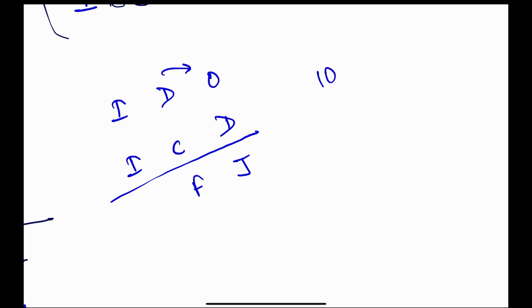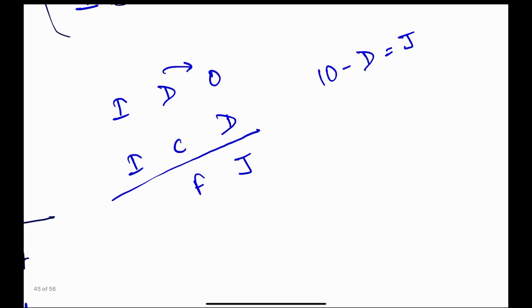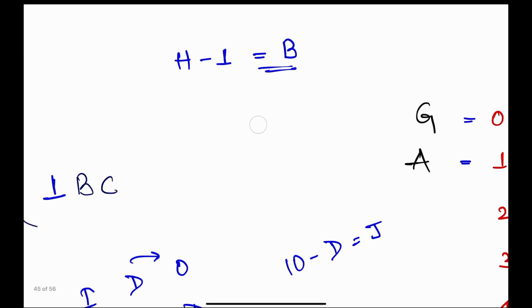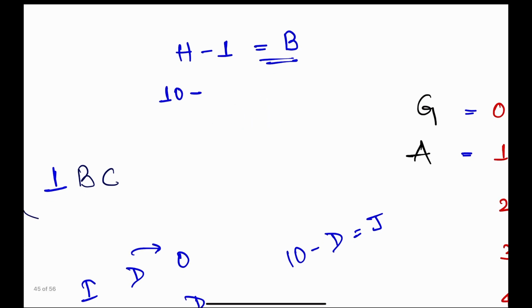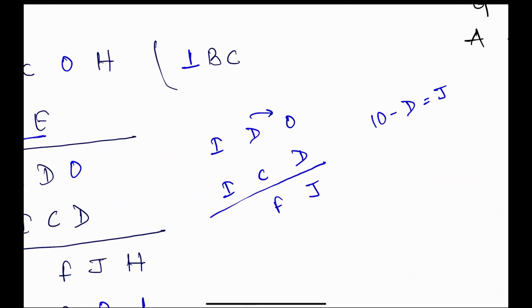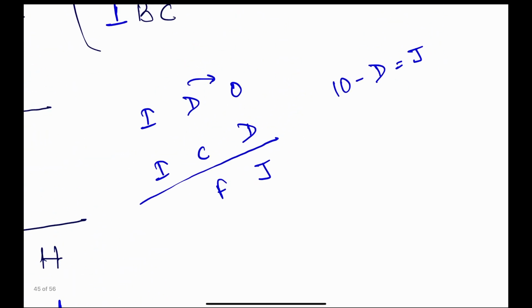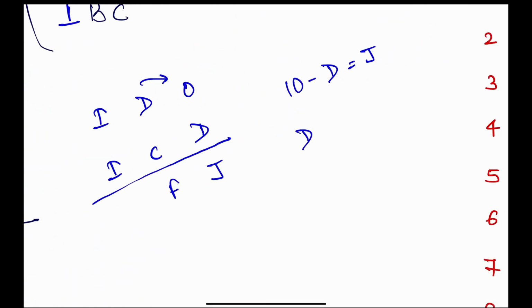So from 10, if I remove d, we will get j, right? So one observation is 10 minus d equal to j. Let's write it, it might be helpful again. 10 minus d equal to j. And one more thing came to me, that d minus 1 minus c equal to f.